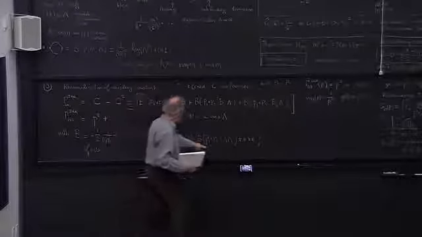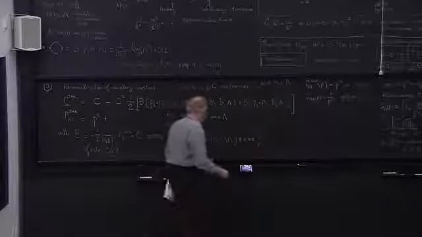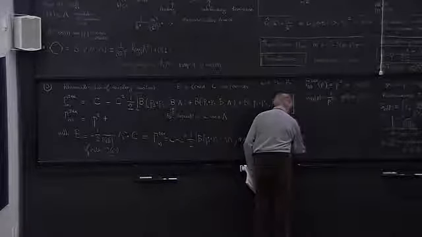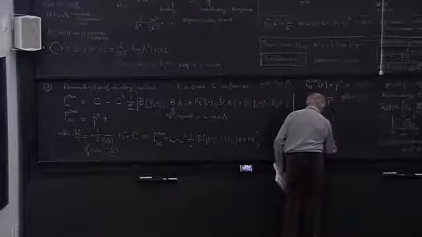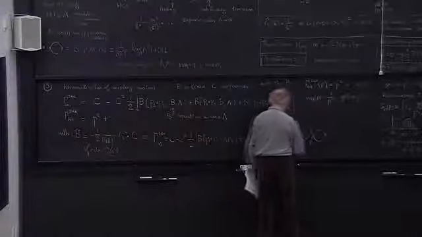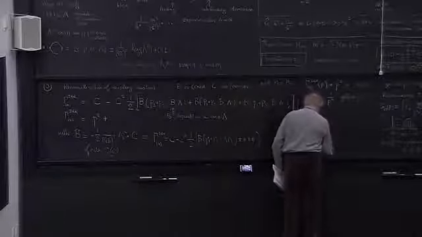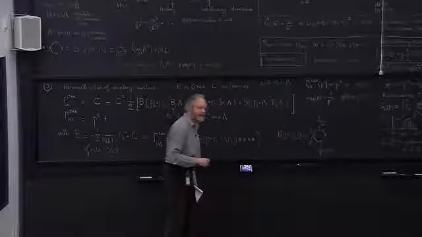Okay? So this function is just the amplitude of this one-loop diagram I drew here, but when the mass in the propagator is set to 0. So B of P1 plus P2, 0 and lambda, is just the amplitude of this diagram with an internal momentum here, P1 and P2. So it depends on P1 plus P2. And here the propagator is 1 over k squared. And here the propagator is 1 over P1 plus P2 plus k squared. Okay?